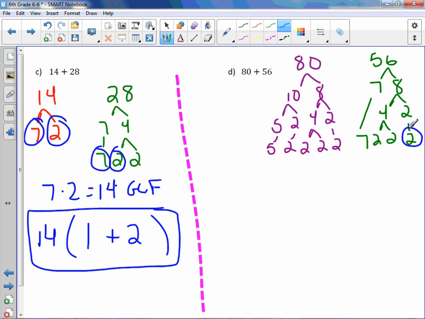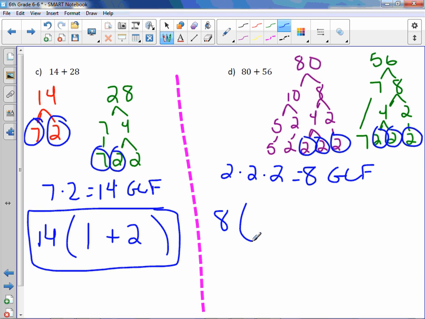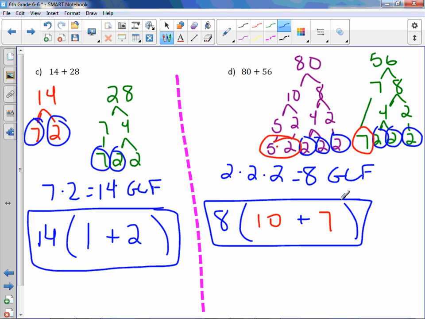Looks like we have 3 2's in common. So 2 times 2 times 2 is 8 for our GCF. So 8 is on the outside. Now we actually have 2 numbers remaining in the 80 tree, so what we need to do is multiply them. So 5 times 2 is 10. So 10 is remaining in the 80 tree, plus, in the 56 tree, we have a 7 remaining. So this is our factored form.